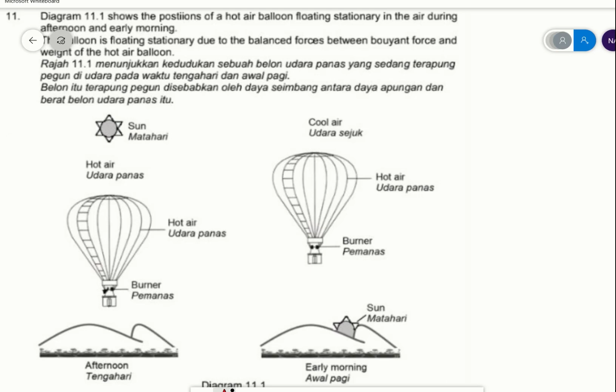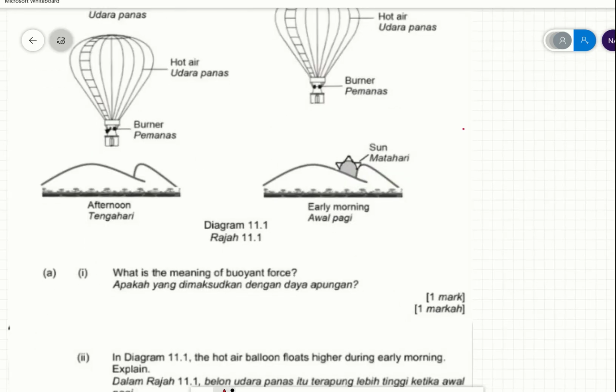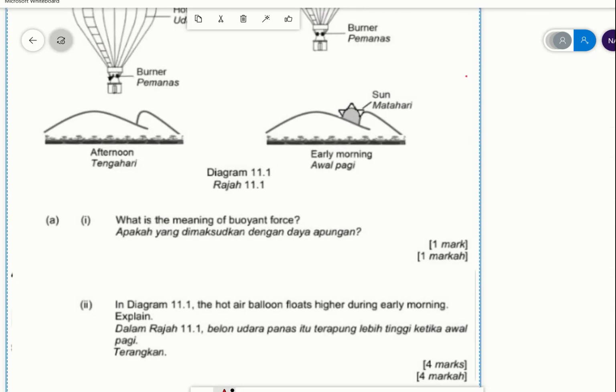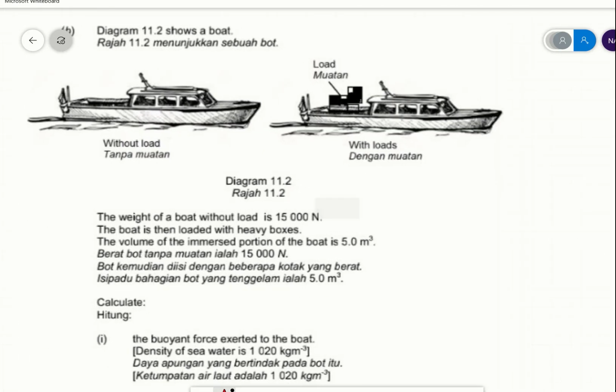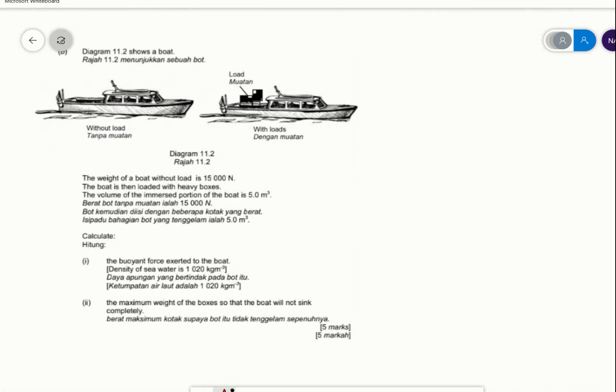This is another example question, an SPM question. I want you to do this on your own. This is part A, and then I want you to look at part B. Diagram 11.2 shows a boat without load, and a diagram with loads. The weight of a boat without load is 15,000 Newton, and the boat is then loaded.